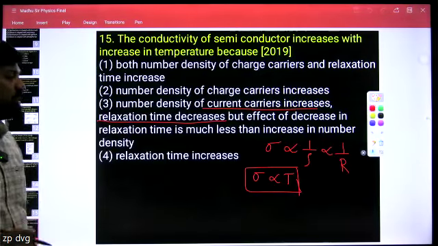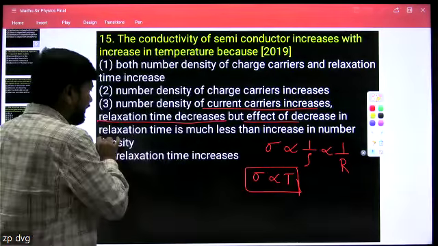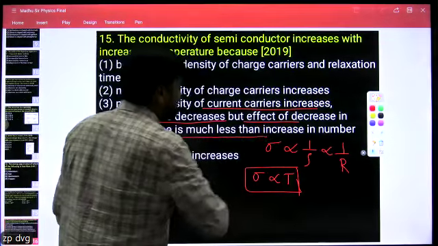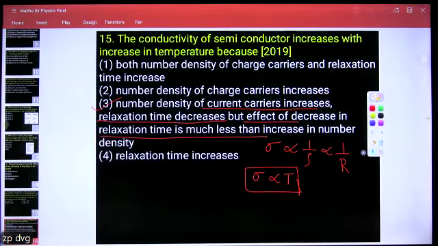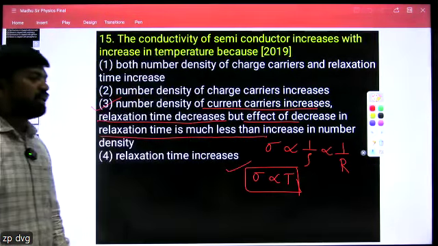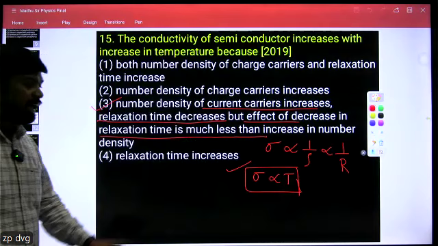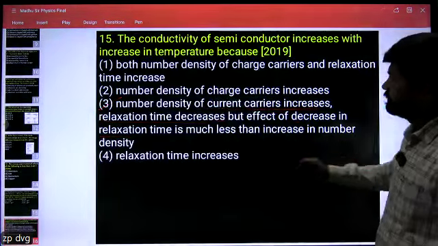Obviously relaxation time gradually decreases, but the effect of the decrease in relaxation time is much less than the increase in number density. Option 3 is correct. You should remember this formula: sigma is directly proportional to T. As T increases, conductivity also increases. Next question.